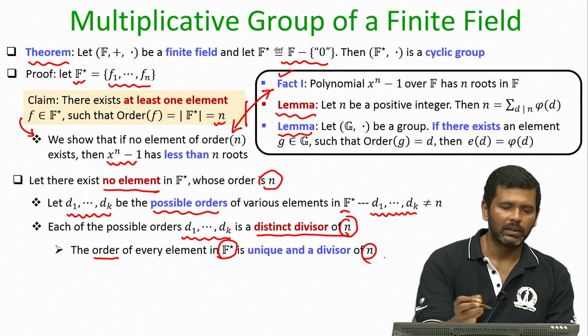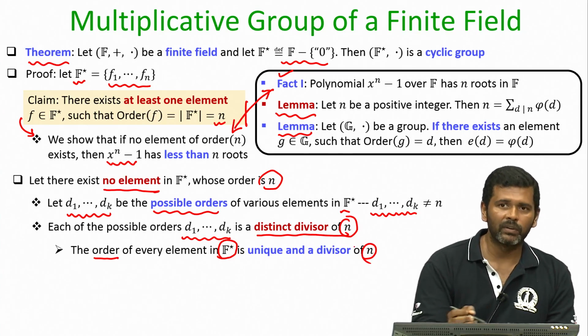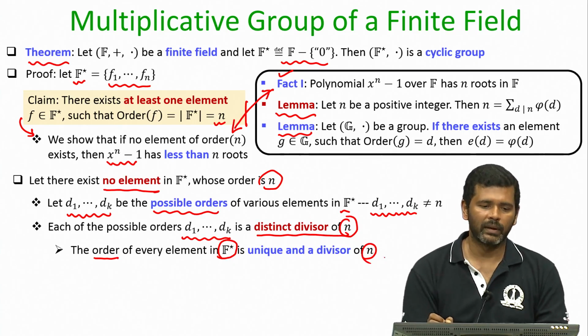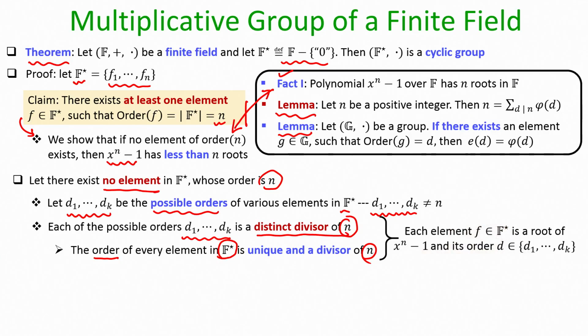So, the order of f1 will be a divisor of n, the order of f2 will be a divisor of n, and the order of fn will be a divisor of n. Now, when I proved fact number 1, I also showed that if you take any element from F star, f1, f2, fn, each of them is a root of this polynomial.